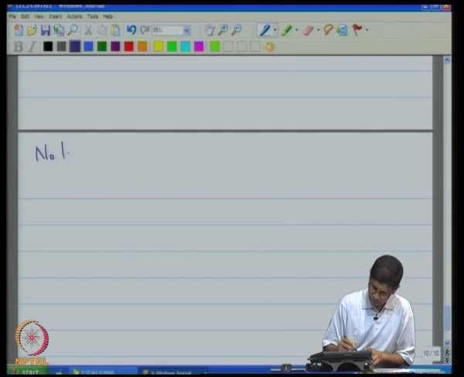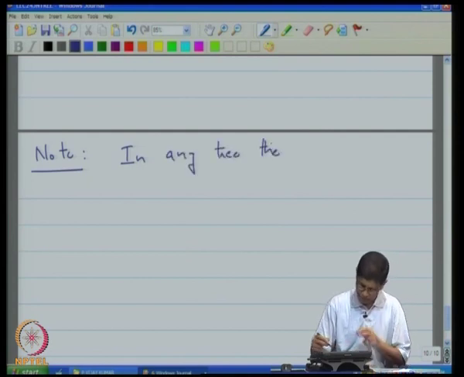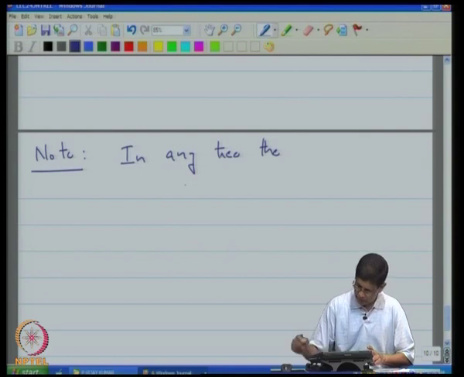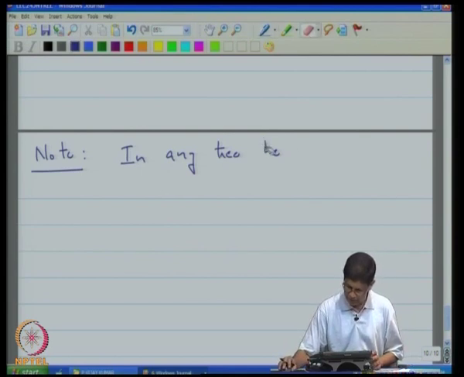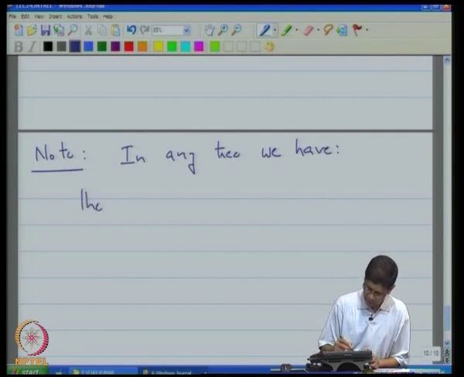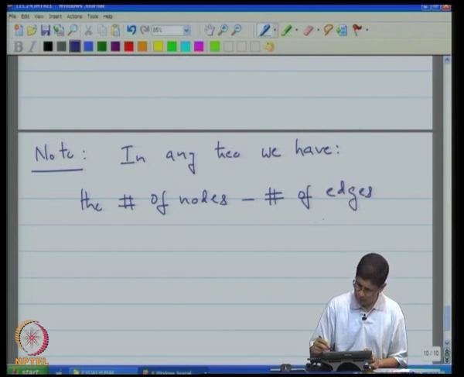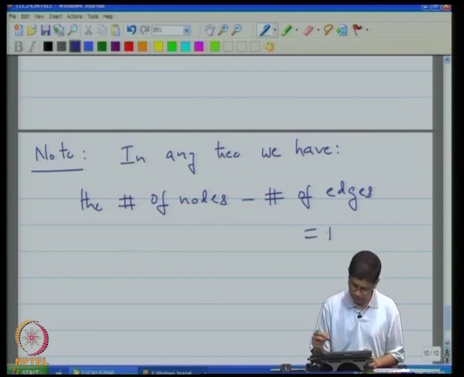Note, in any tree, the number of nodes or vertices minus the number of edges is equal to 1.